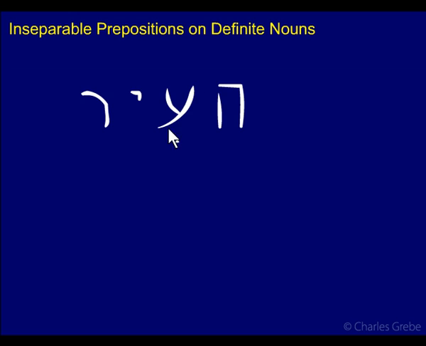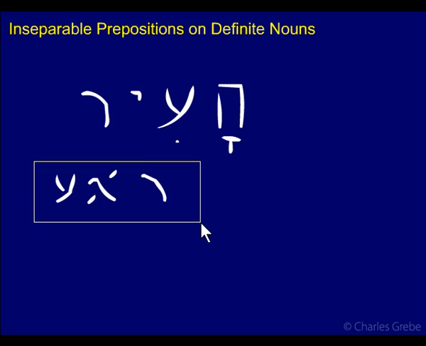This is a weak guttural. Remember we had aleph, ayin, and reish. Those give compensatory lengthening, at least with this vowel. So this will lengthen, and of course we have no dagesh there.